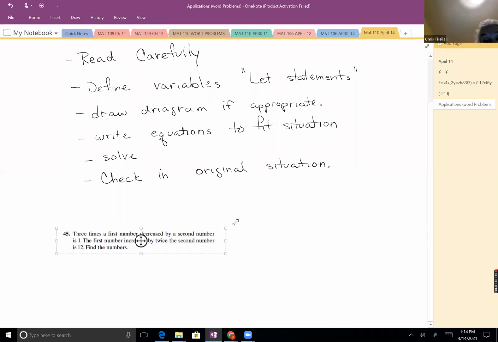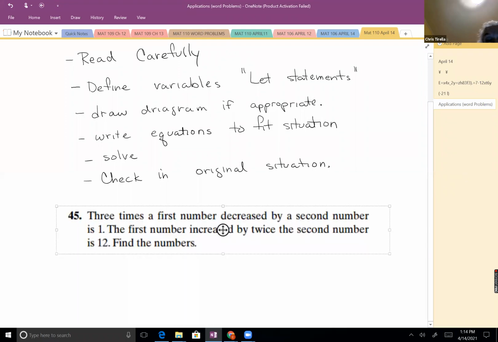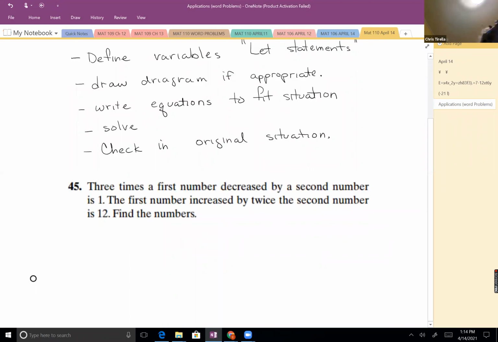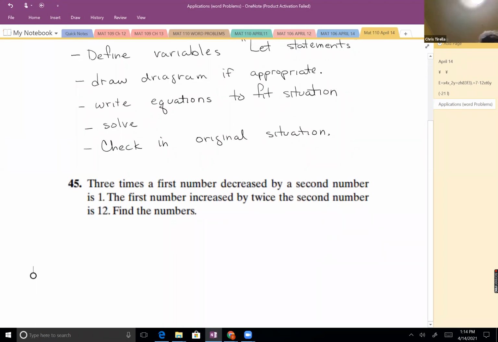It tells me that 3 times the first number decreased by a second number is 1.